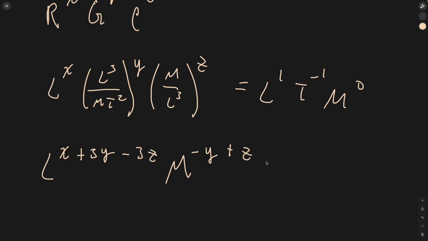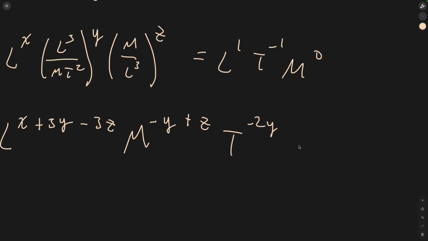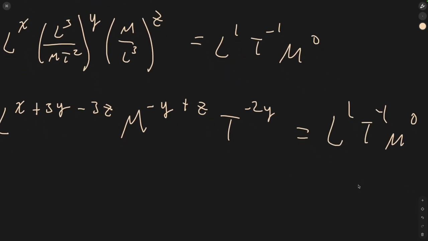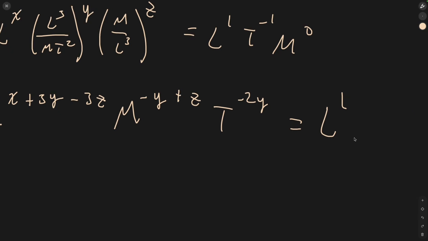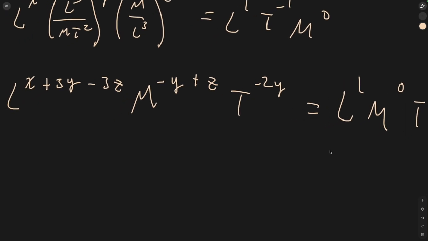Then we have t. This is going to be minus 2y, and that's it. This is going to be L to the 1, T to the minus 1, M to the 0. We can even rewrite it for this one, right? To the 0, T to the minus 1, okay?